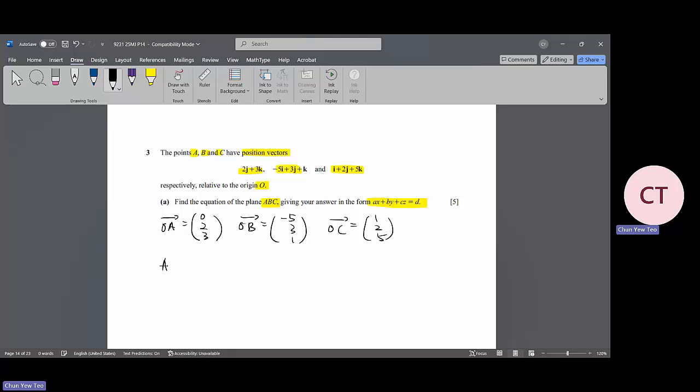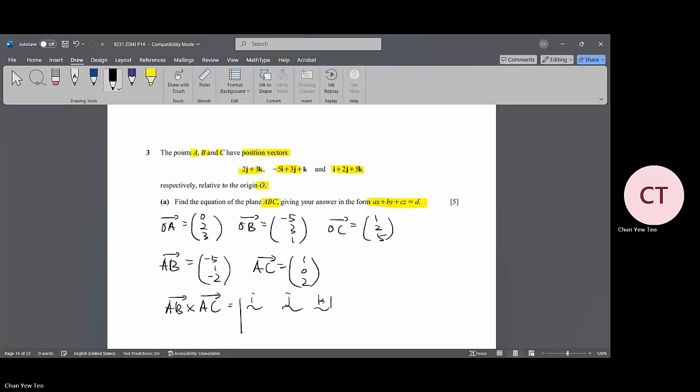So I need to find AB and AC. AB will be -5, 1, -2. AC will be 1, 0, 2. Take AB cross AC in order to get the normal vector. -5, 1, -2, and 1, 0, 2.